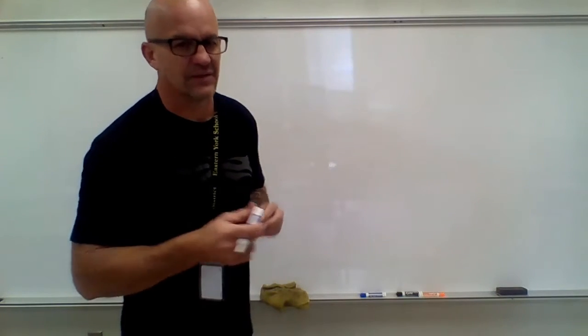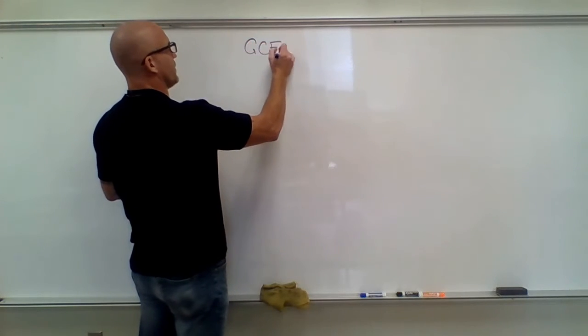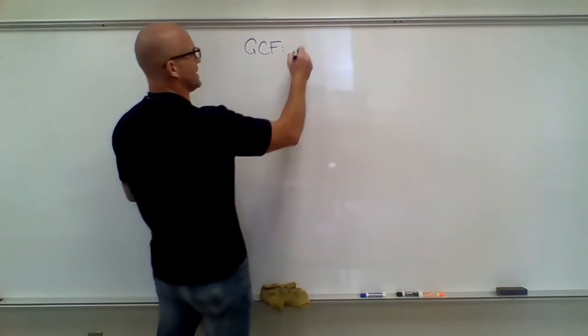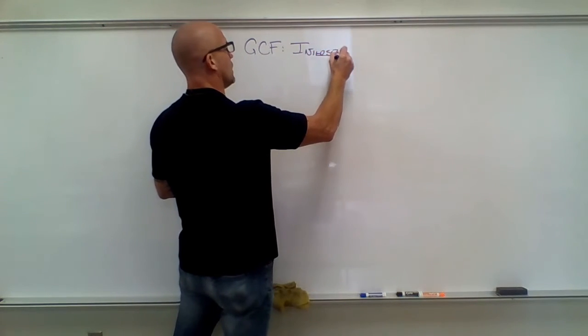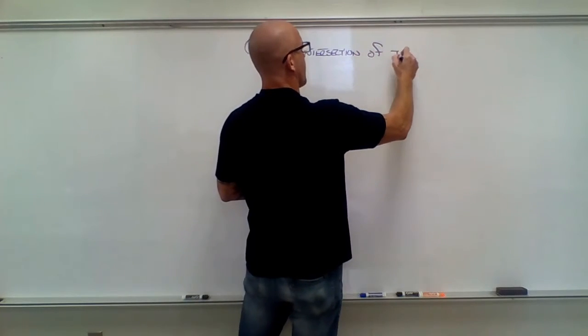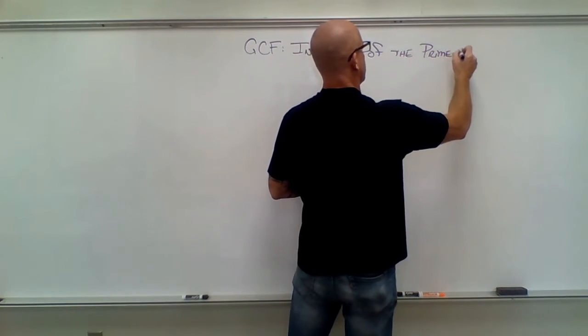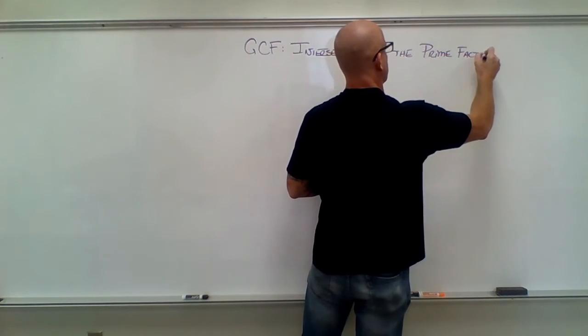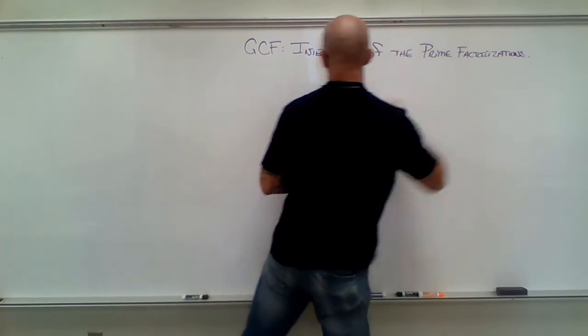Let me write that down so that you guys can have that. GCF. If you want to find the greatest common factor of two numbers, it is the intersection of the prime factorizations. Like I said, I'm writing this down, you should.